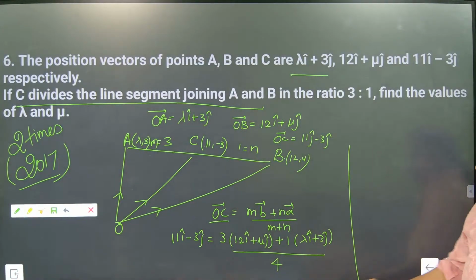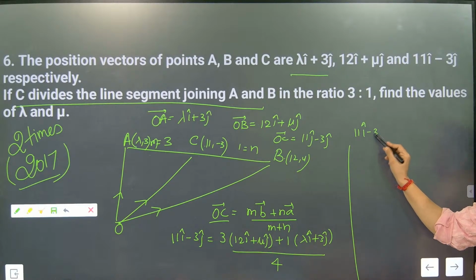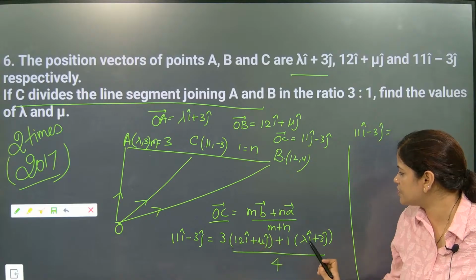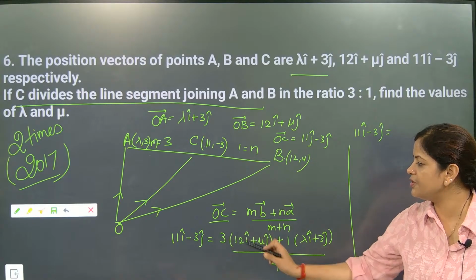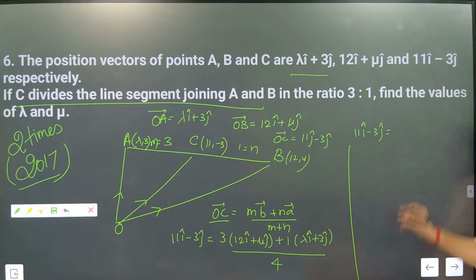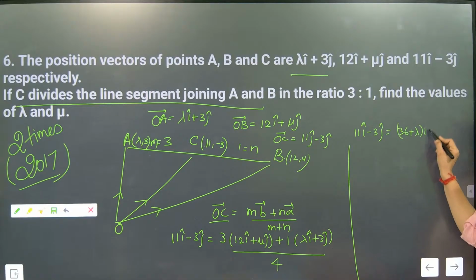So here you write 11i cap minus 3j cap is equal to, beta, first resolve for i cap. 3 into 12, 36. 36 plus lambda, so it is coming 36 plus lambda i cap by 4.